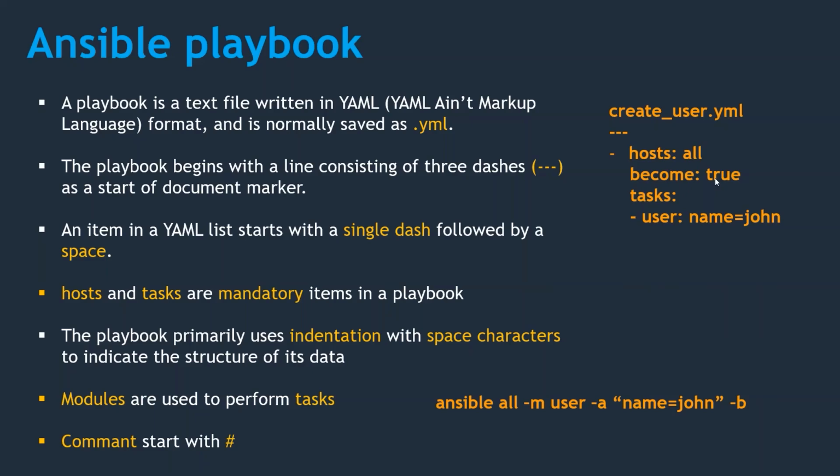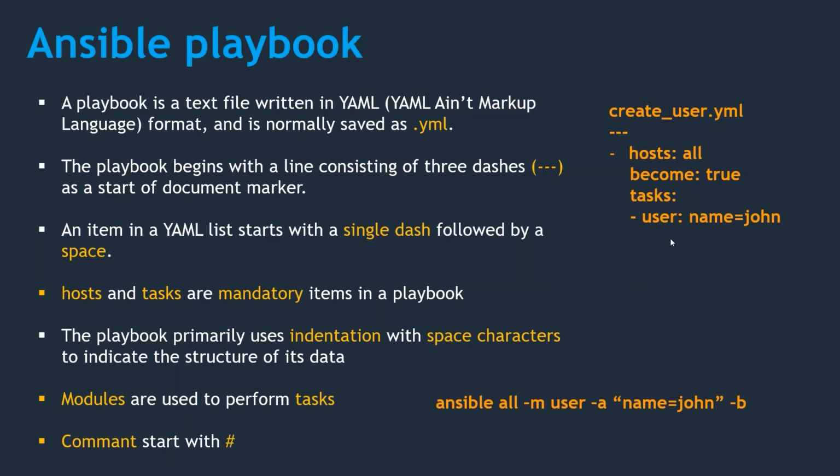Now you can see the indentation. First it starts with minus hosts, and these three belong to the same items, that's the reason you can see the indentation and where it starts. You should not start become before hosts. These three belong together, so the alignment should be the same.